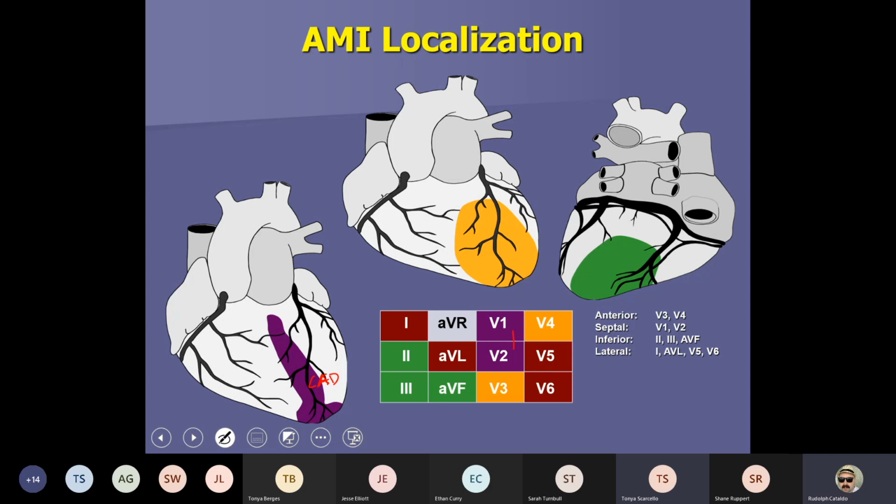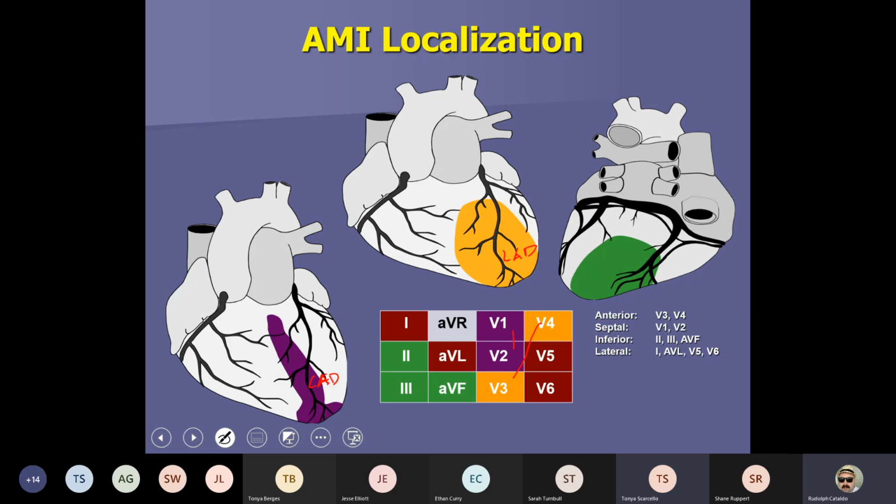Which artery is that looking at? Pretty much the same, right? Pretty much our LAD. So sometimes when we see elevation in V1 and V2, it can carry over into V3 and V4 because they are looking at almost the same area.